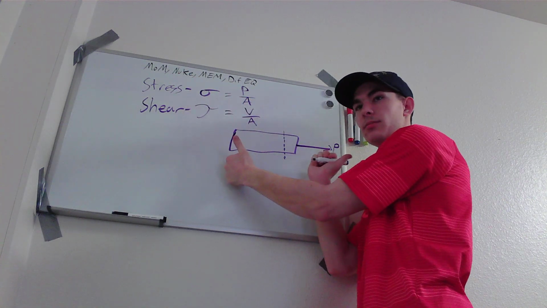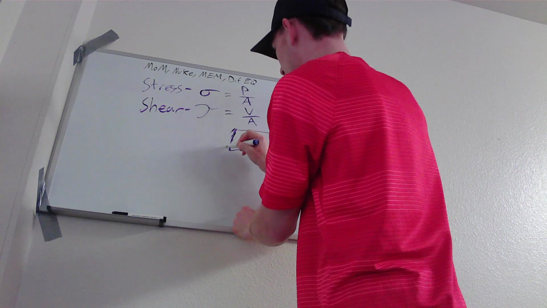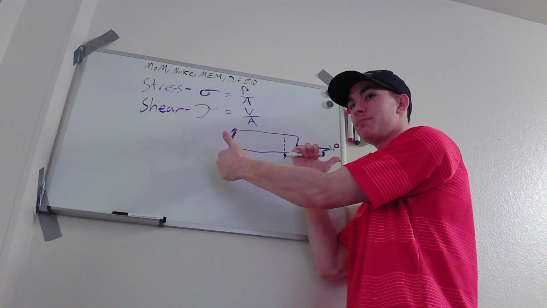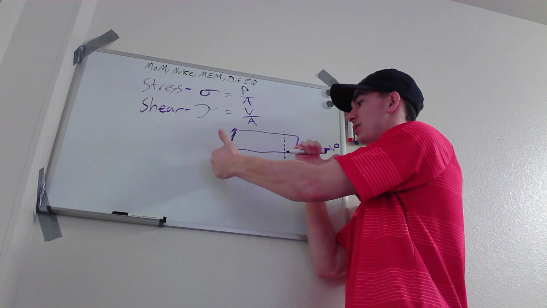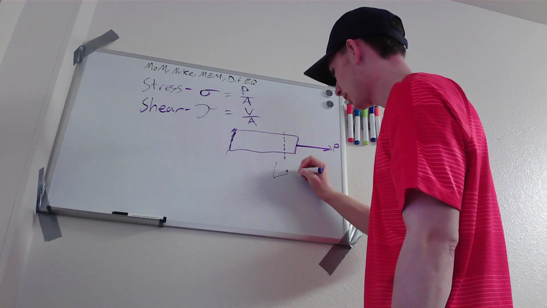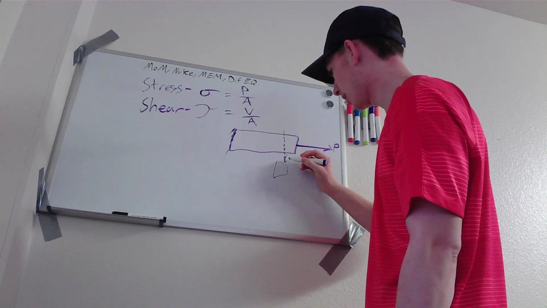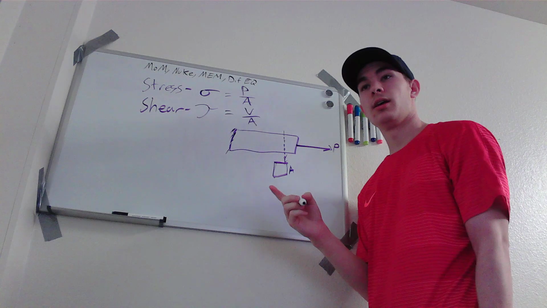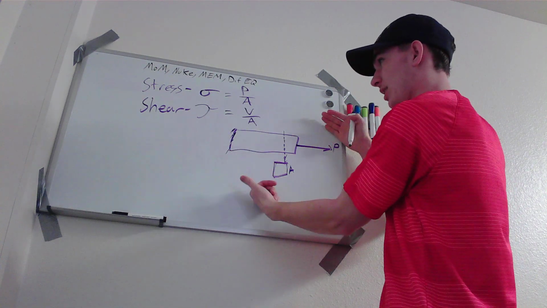We'll make this fixed so that makes sense. So this is fixed, it's not moving, but it's just got a ton of pressure pulling on this way. This area is three-dimensional. This area is your cross section. This is A. Okay, so this is stress.